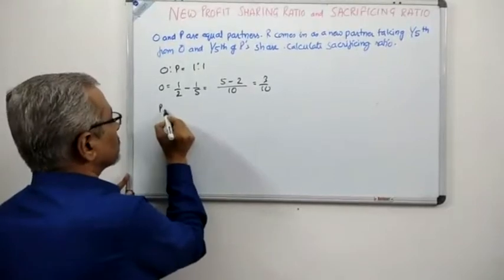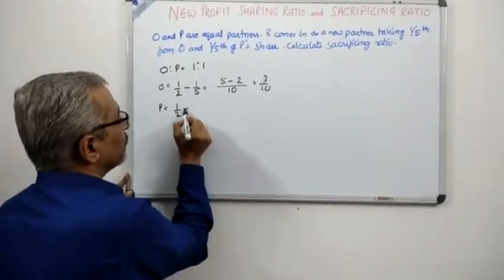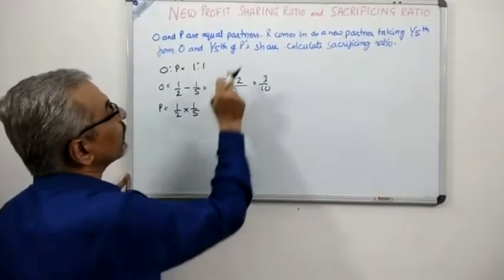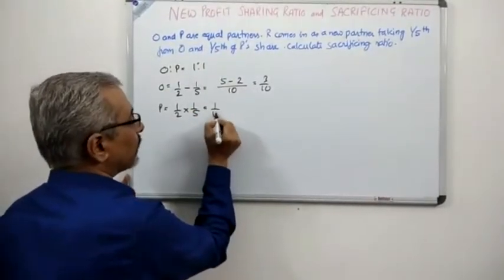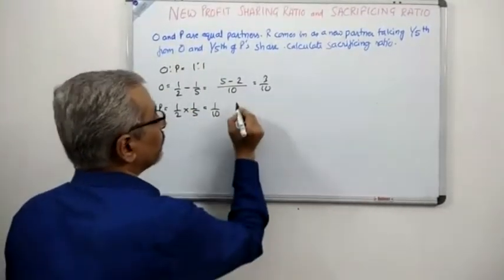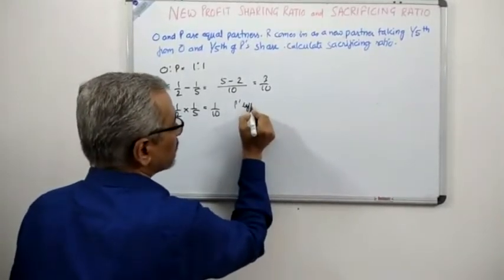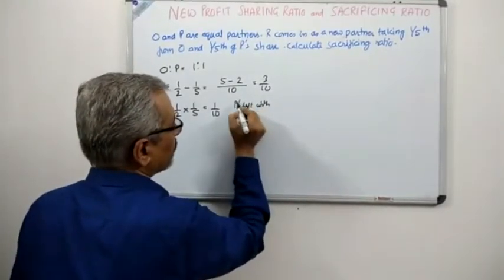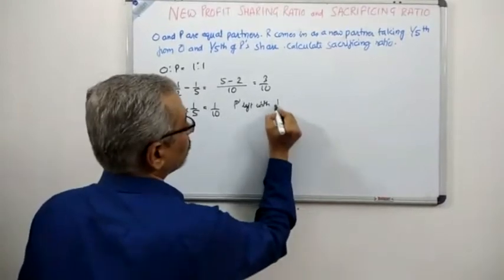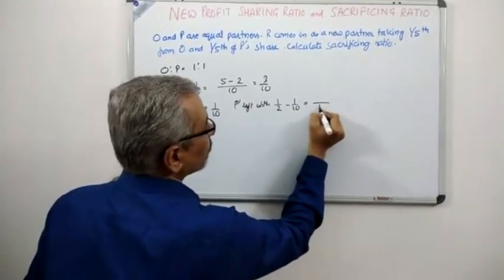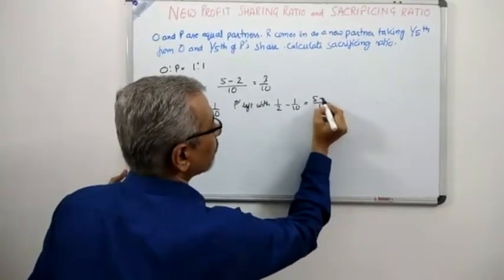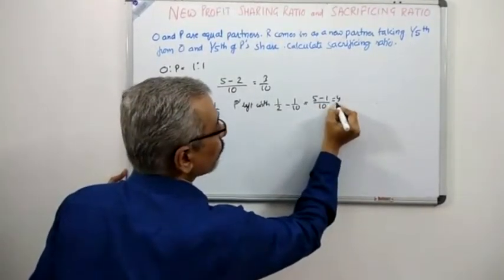Now P, you can see half into 1/5, because we have used the word of over here. So half into 1/5 means 1/10. So what is P left with? Half minus 1/10. That is very simple. Over 10, 5 minus 1, that is 4/10.